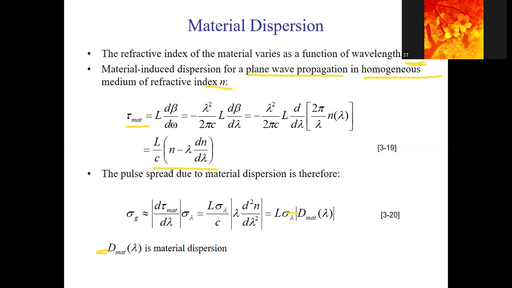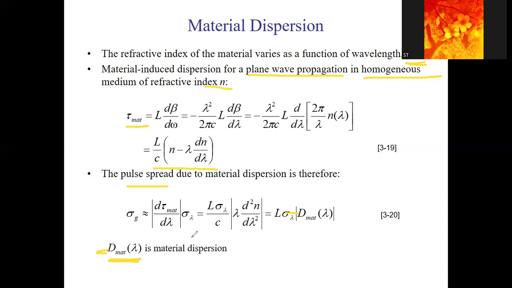Now next, the pulse spread due to material dispersion. What will be the pulse spread? For this, we have to calculate the dispersion parameter, indicated by D_mat at lambda. How do we calculate this?